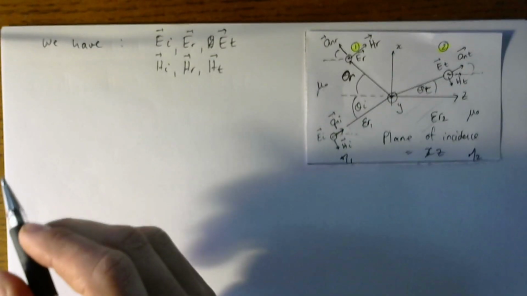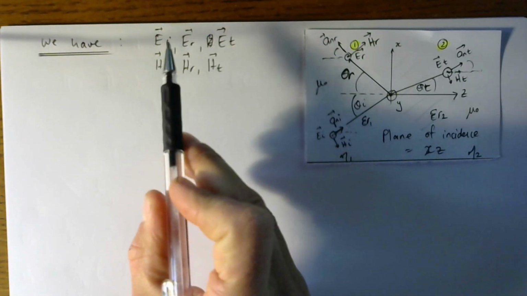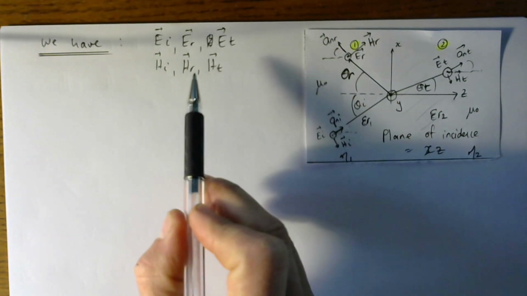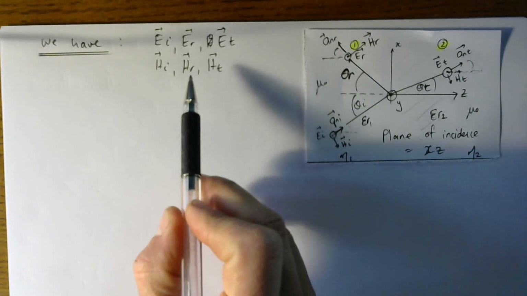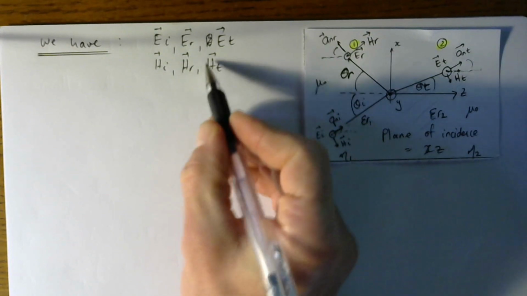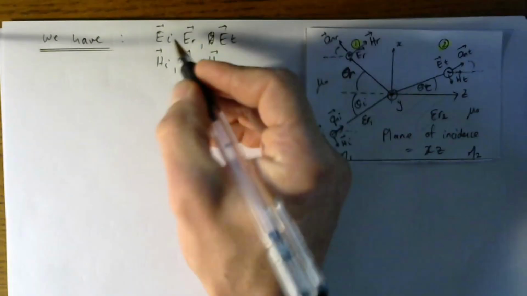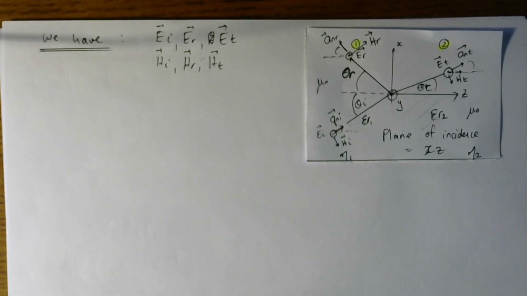Okay, so now what do we have to do? We have seen that these are functions. We have some unknown coefficients for the reflected field and transmitted field, and the same for the magnetic fields. So I need to figure out how I can solve those, because these are the only real fields we know.